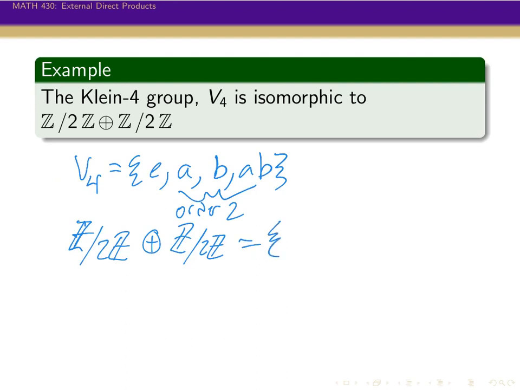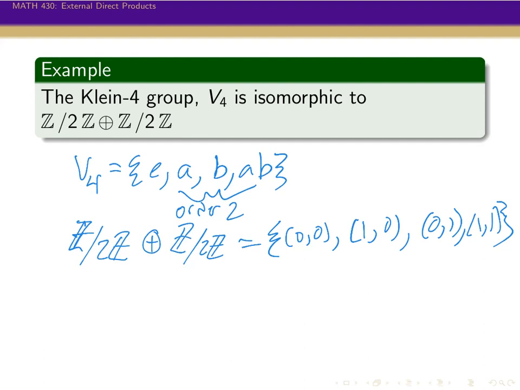Its identity element, since the operation of both of these is addition, is (0, 0). And then there's (1, 0), (0, 1), and then adding them together, we have (1, 1), where the group operation here is addition component by component mod 2.